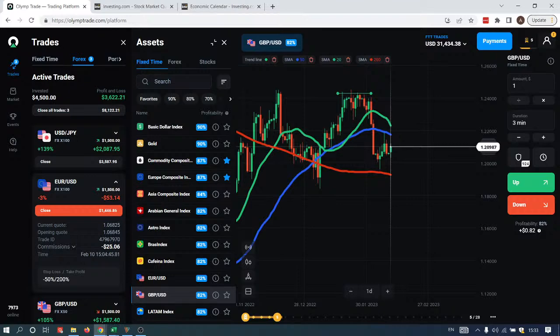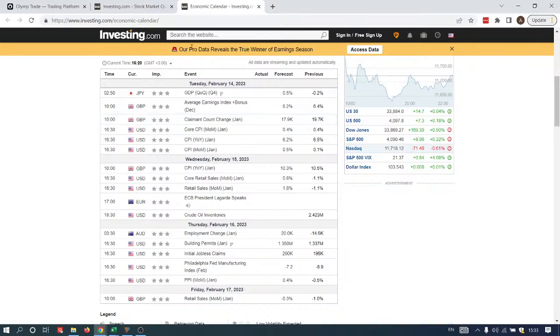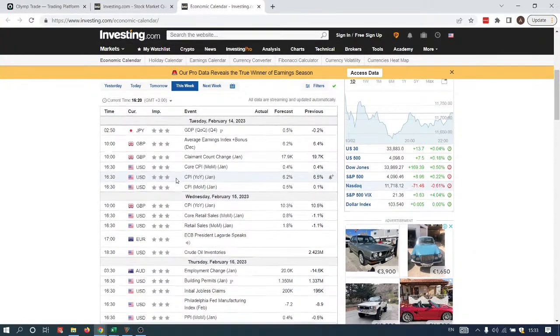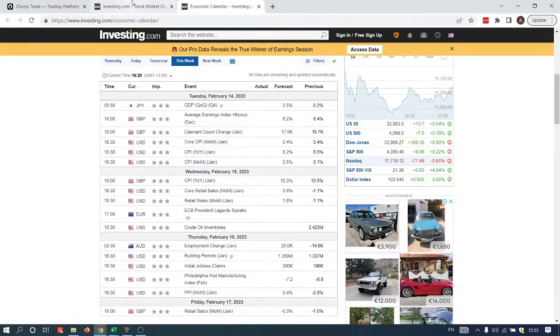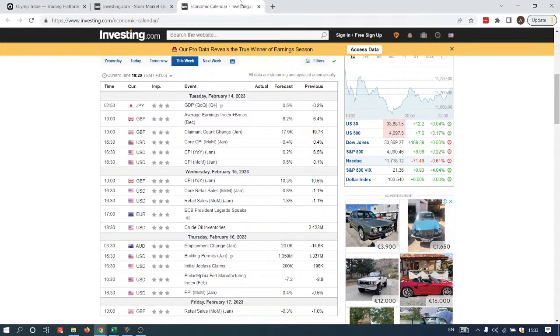As per news, probably your destination number one is investing.com. The easiest and the most accurate, and pretty much everything you need to be a successful trader is here. Just check the economic calendar.